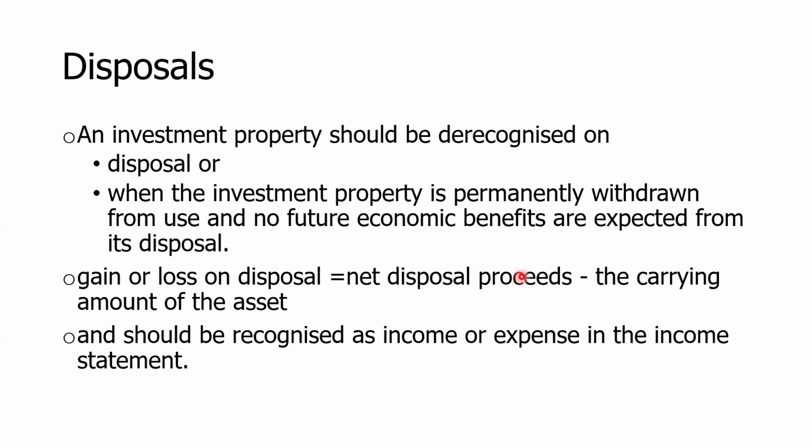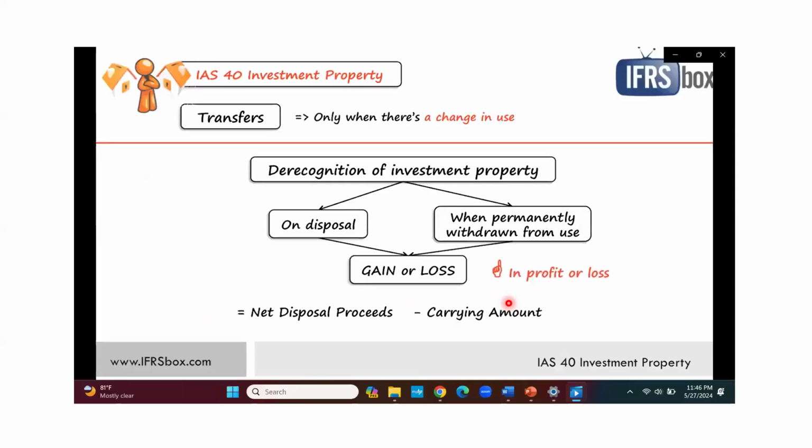The net disposal proceeds when you are selling it, the amount that you are going to get minus the carrying amount of the asset will give you the gain or the loss. If there is a gain, add it to gross profit. If there is a loss, add it to expenses to be subtracted from your gross profit to arrive at your net profit. So that's what the standard is saying.